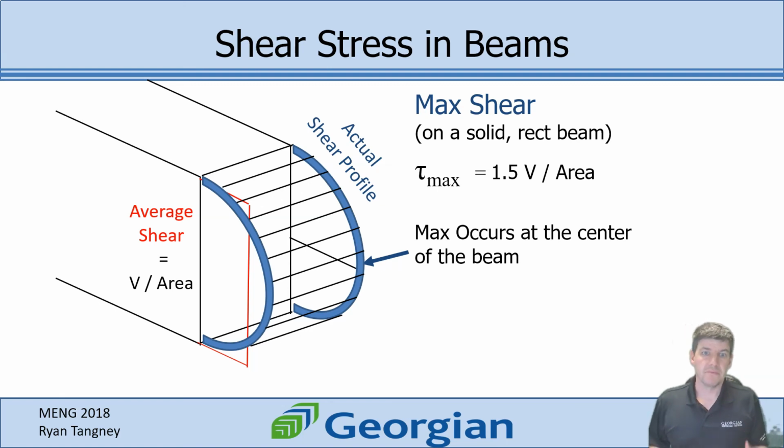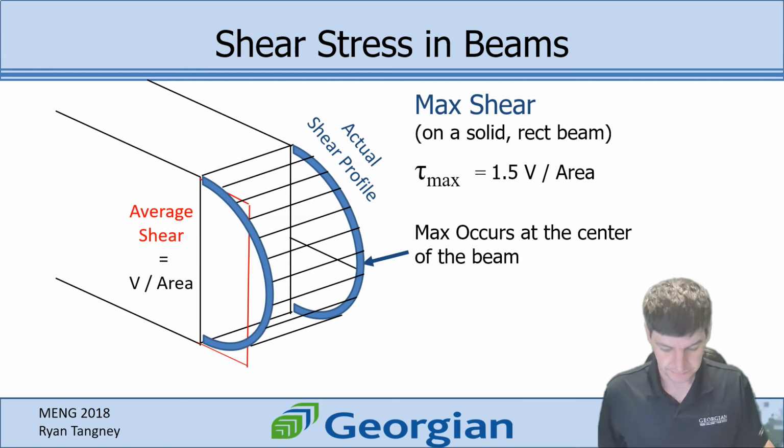So that 1.5 V isn't the same if it was a round shape or it had an I-beam type shape. So every single object is going to have a slightly different maximum shear. Just so happens we often talk about rectangular beams in our applied mechanics class, and in that case 1.5 V gives you your maximum shear in that part.